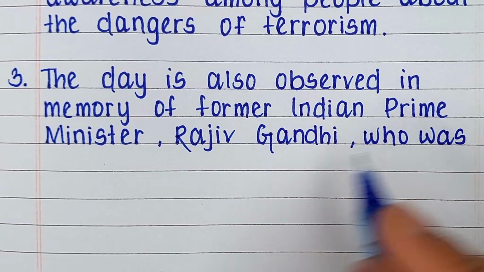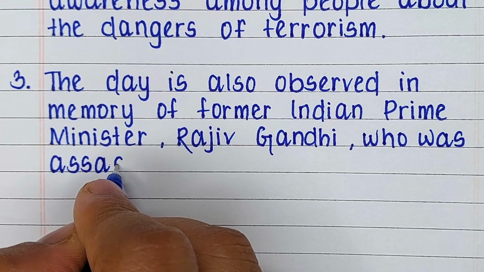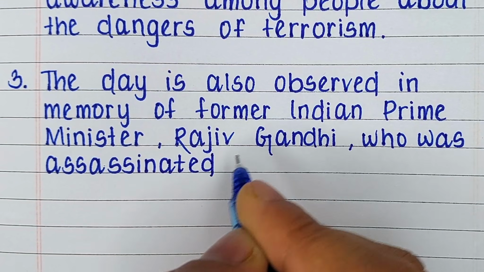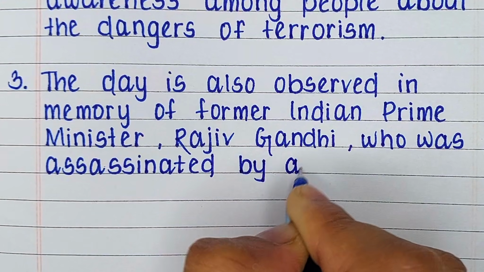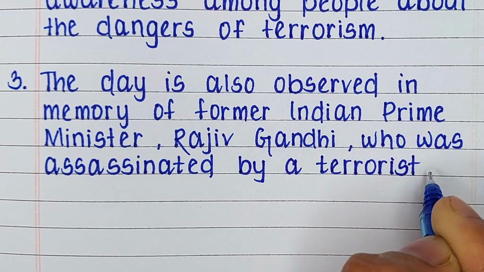Third line is the day is also observed in the memory of former Indian Prime Minister Rajiv Gandhi, who was assassinated by a terrorist.